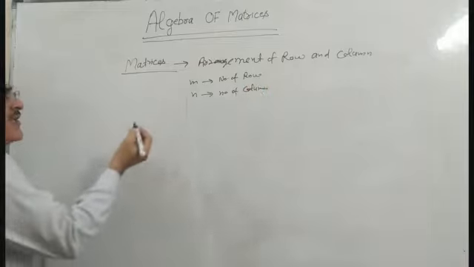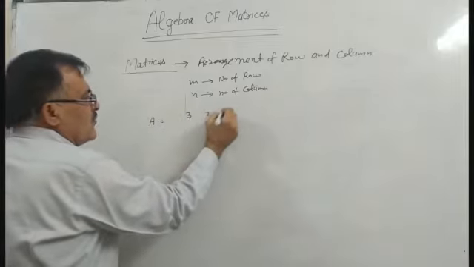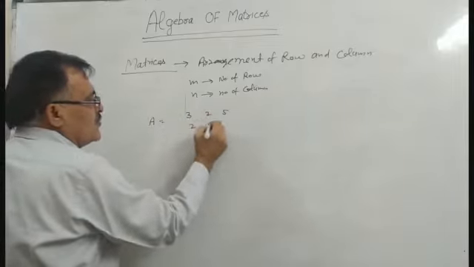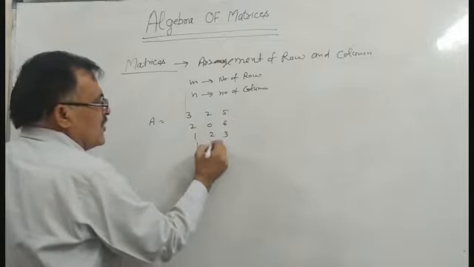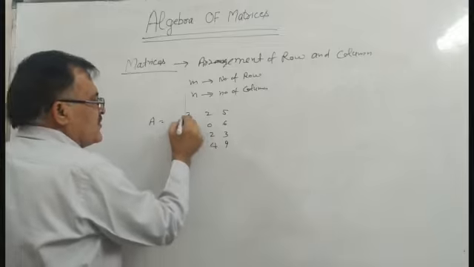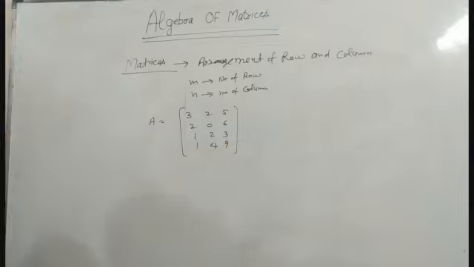So we can take an example: A = 3 2 5 2 0 6 1 2 3 1 4 9. This is a matrix. And what is the order? First find the order.